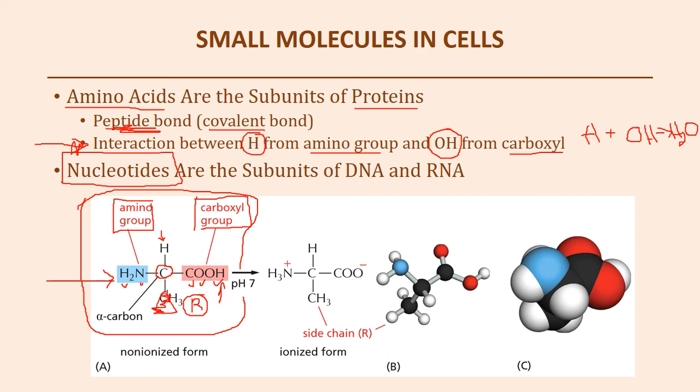The nucleotides are the letters: your adenine, your thymine, your guanine, your cytosine, and in the case of RNA, there's no thymine, so instead we have uracil. Those are going to be the building blocks that will give us our DNA as well as our RNA, because those are all examples of nucleic acids.